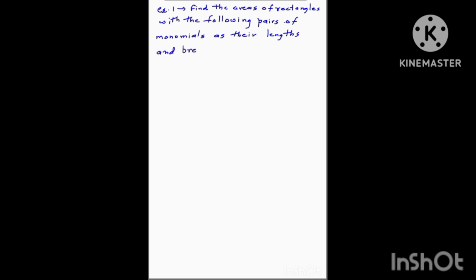So you have to find the area, which means you will need the area formula. The length and breadth are given in brackets: 20x square and 5y square is the first, and the other is 3mn and 4np. These are the monomials for which we have to find the areas.